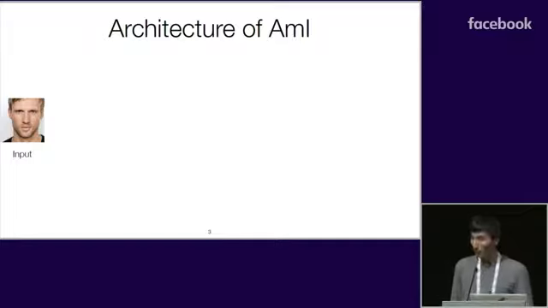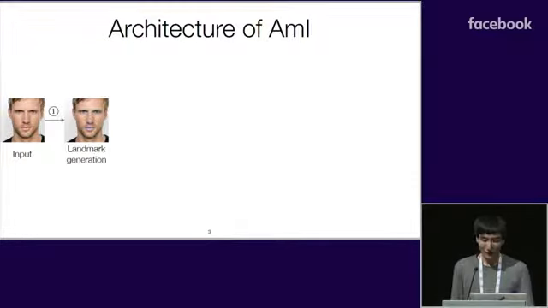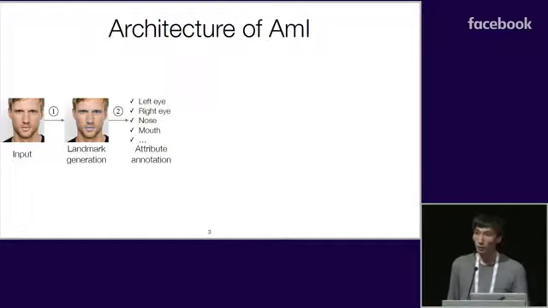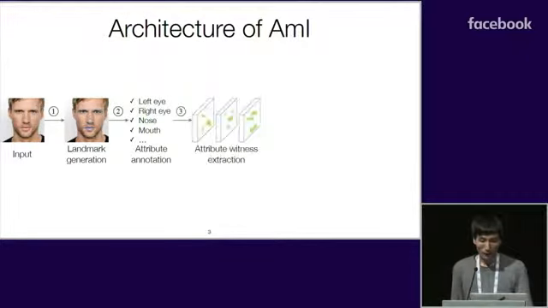Given a benign input, we use an existing tool to generate facial landmarks, and we ask a human to annotate the high-level features which these facial landmarks belong to, and then we try to extract attribute weaknesses from the model. That is, the neurons corresponding to the attributes.